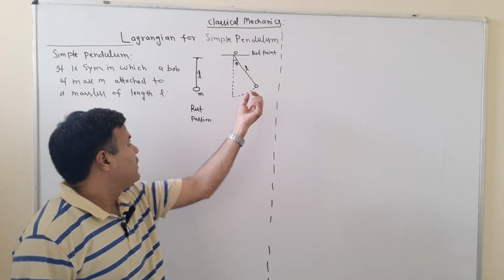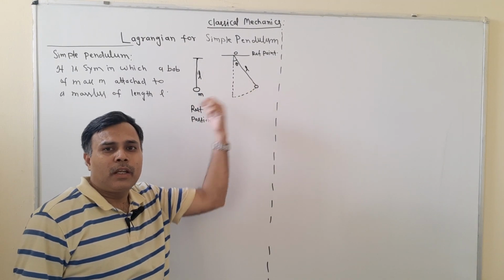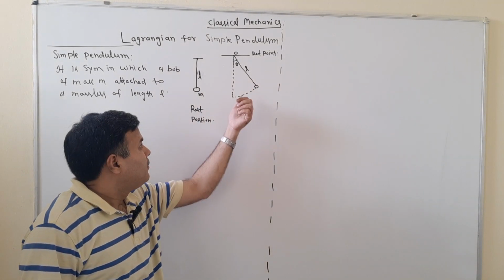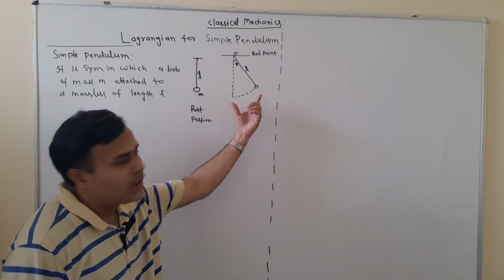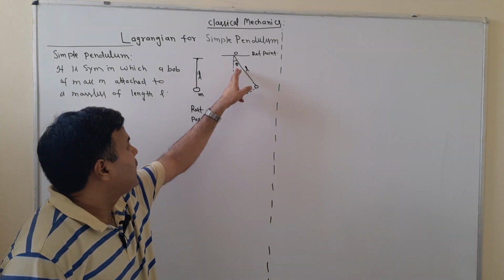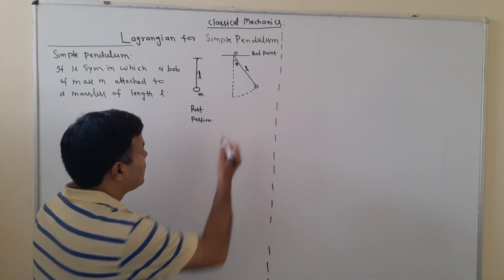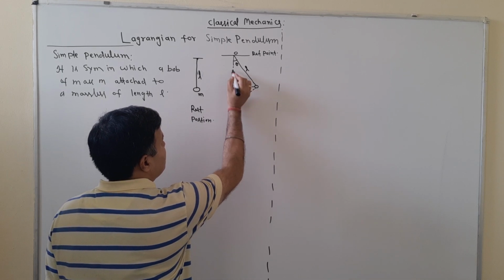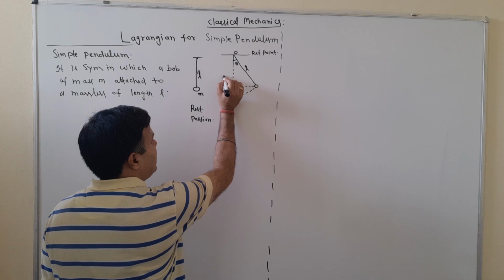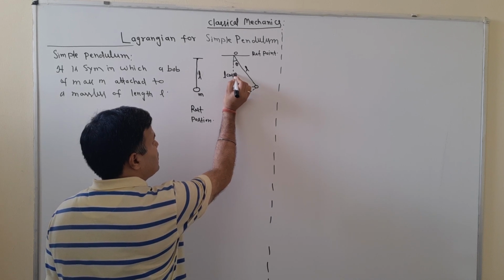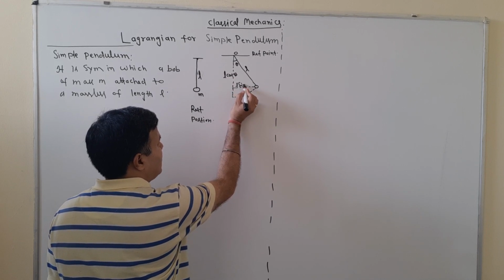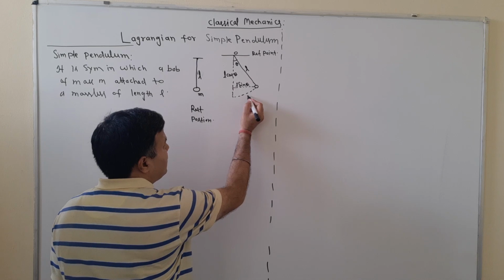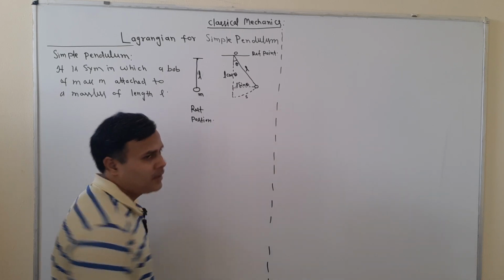If we slightly disturb the equilibrium by small oscillations, that angle is known as theta. If this length is L, then this is L cos theta and this is L sin theta, and this is an arc. Let's say this arc is S.